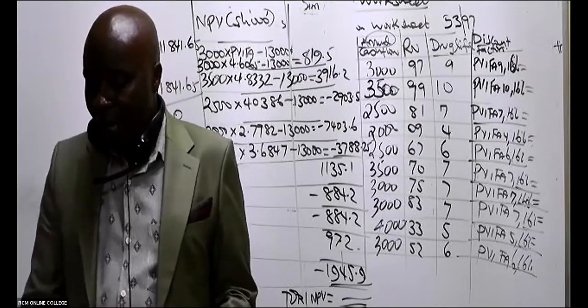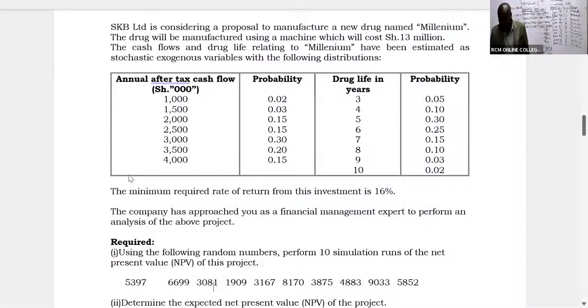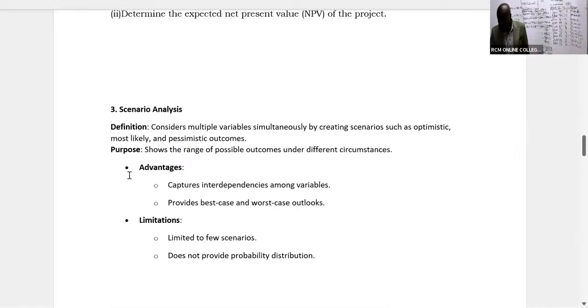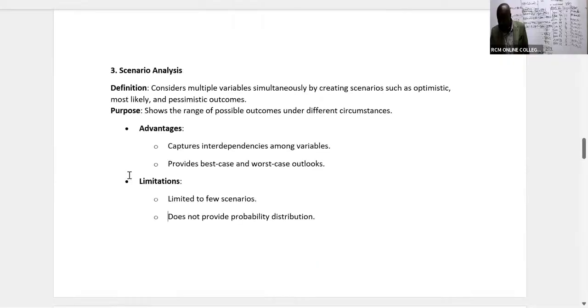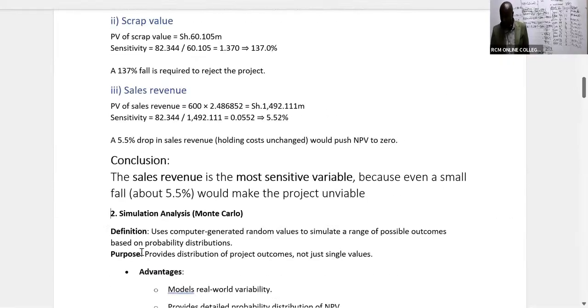Please don't forget to read some of those small things that I normally share with you. Like in this handout, you'll always get them in your theories, where they're discussing the advantages of simulation.